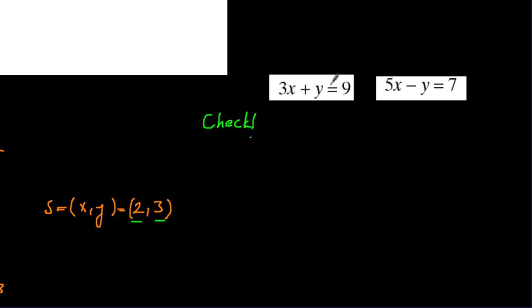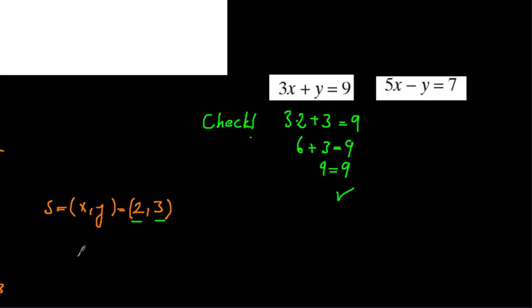In the first equation, 3x plus y is equal to 9, with x equal to 2 and y equal to 3: 3 times 2 is 6, 6 plus 3 is equal to 9, so 9 is equal to 9. Yes, for the first equation, the x and y values are correct.